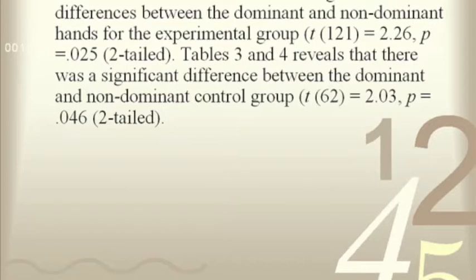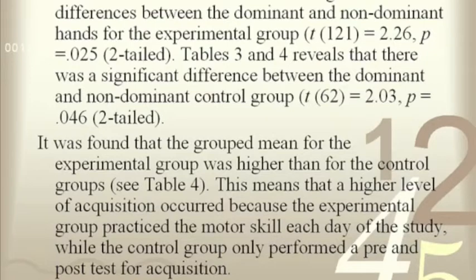So the experimental group and the control group numbers were significantly different from one another. It was found that the group mean for the experimental group was higher than for the control group. This means that a higher level of acquisition occurred because the experimental group practiced their motor skill each day of the study, while the control group only performed a pre and post test for the acquisition.